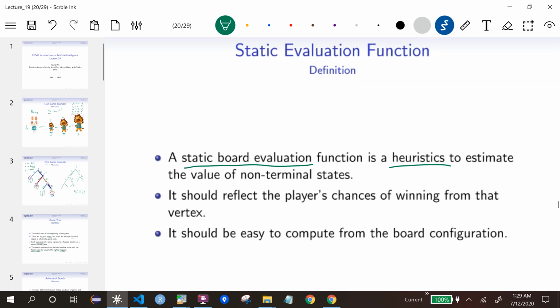So it's basically a value for all the non-terminal states. It's the same idea as for the non-goal states. We're going to have an estimated approximation of the cost from that state to the goal state. Here, we're going to have an estimation, approximation of the value at those states without actually computing the maximum of the subtrees or the subgames.